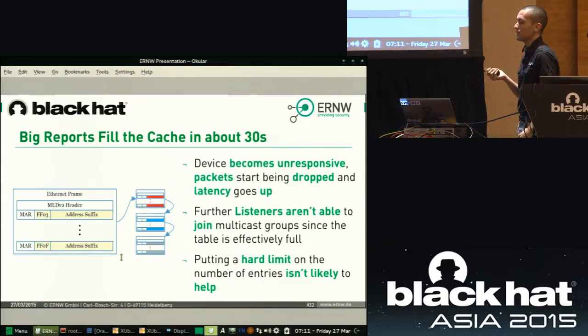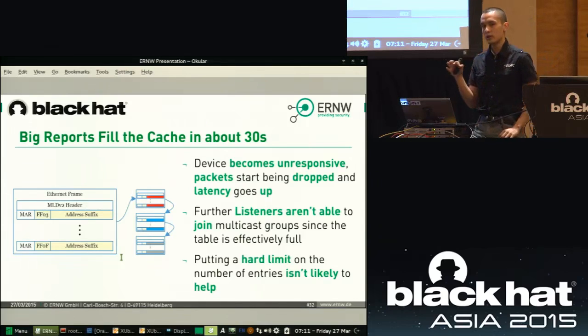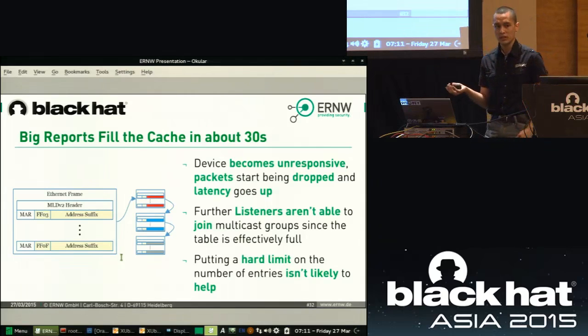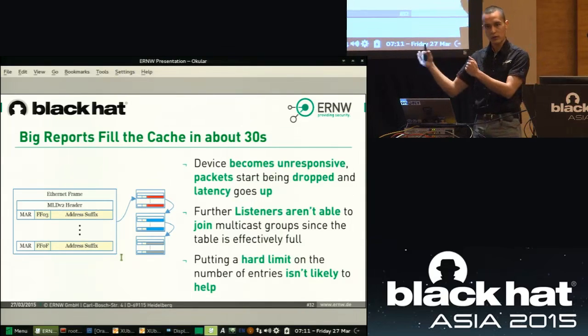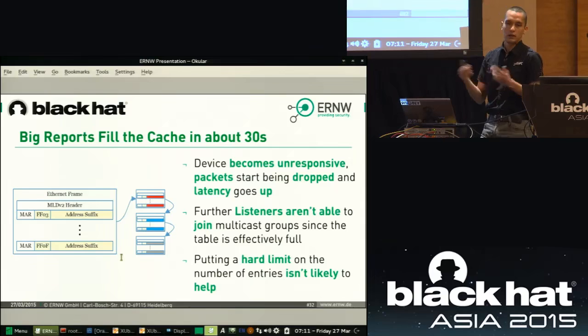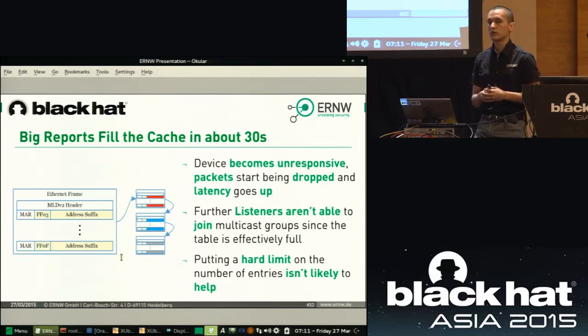You can mitigate this by putting a hard limit on the number of multicast groups which can be joined. That would not be recommended, because a malicious user could anyway fill those reserved entries, and then no other clients would be able to join a particular multicast group because the router is going to say, no, there's no more space.